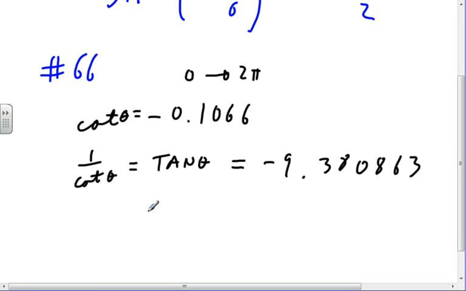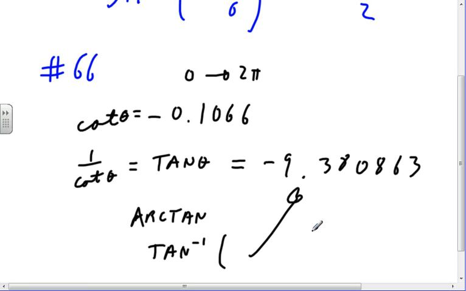Then I'm going to take the arc tangent of that guy, the arc tangent of minus the answer, because I didn't take my minus sign with me.